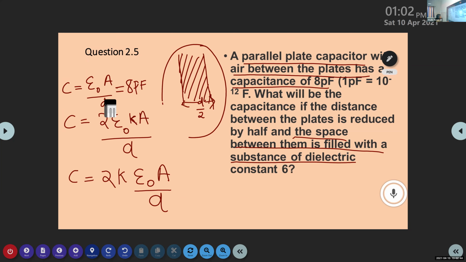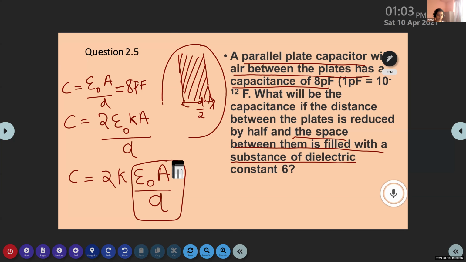Now, what is epsilon 0 A by D? What does this term represent? It is the capacitance of a parallel plate capacitor if the medium of separation between them is air, and its value is given here. What is that? 8 microfarad. Yes.